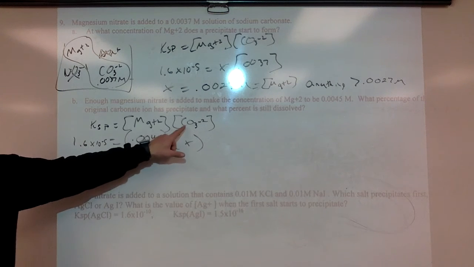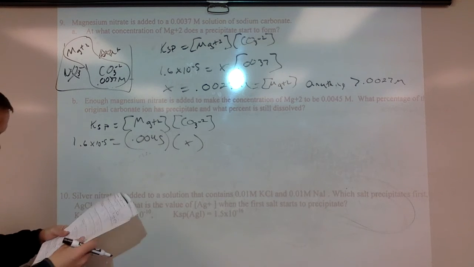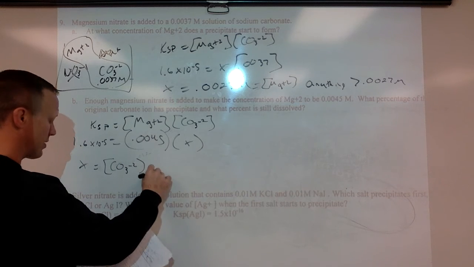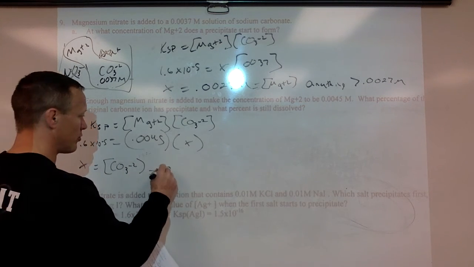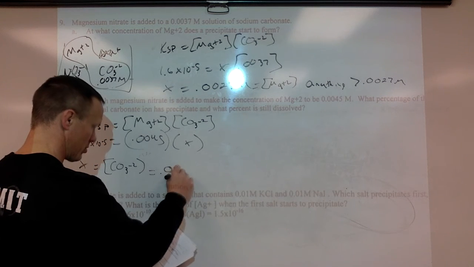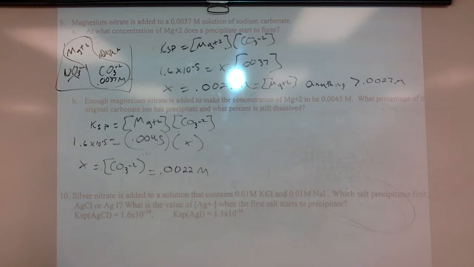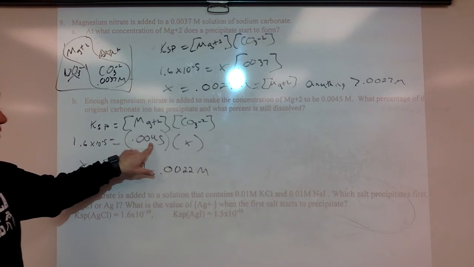So this will tell us the maximum amount of carbonate ion that will dissolve with this molarity of magnesium ion in there. And X, which is our concentration of carbonate ions, is 0.0022 molar.